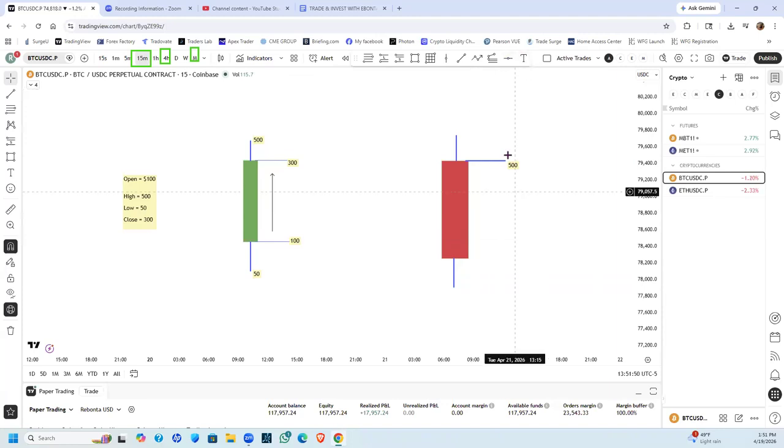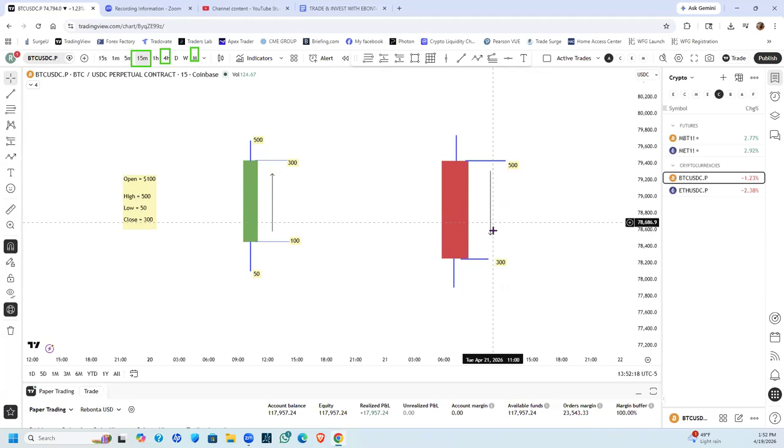It means that we started with a higher price, but when we ended the market, it was a much lower price of 300. It tells us that we went lower. We started high, but we ended up lower. And as a result, this candle would take a red color. This red now simply means that we started higher and we went down, as opposed to the green, which says we started lower and then we went up.